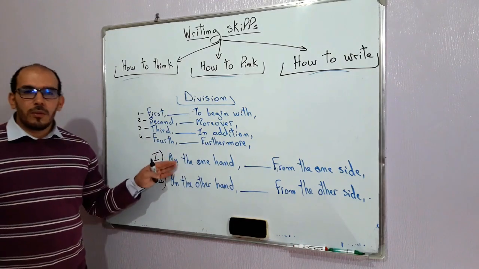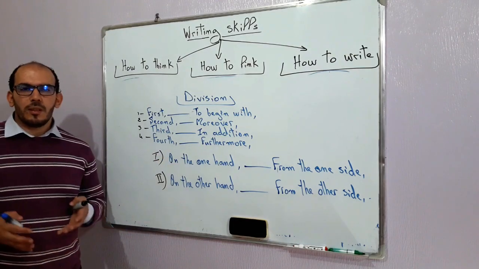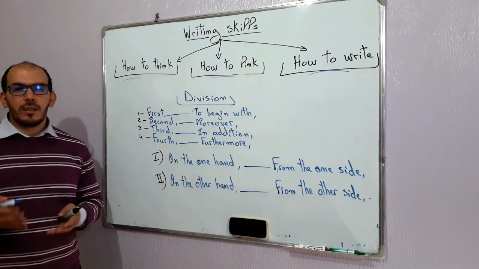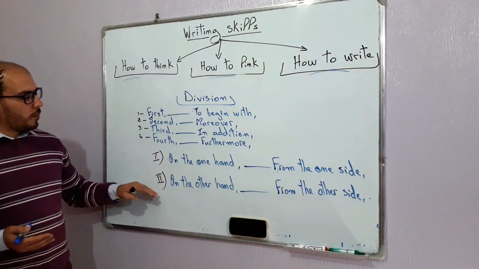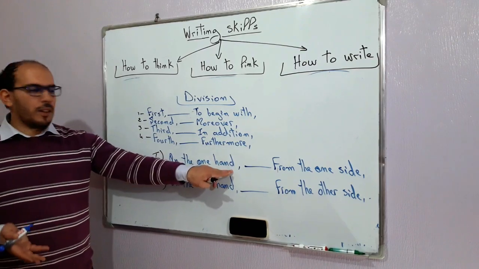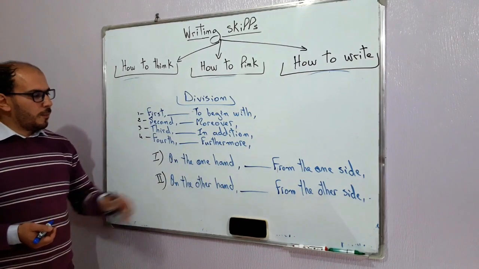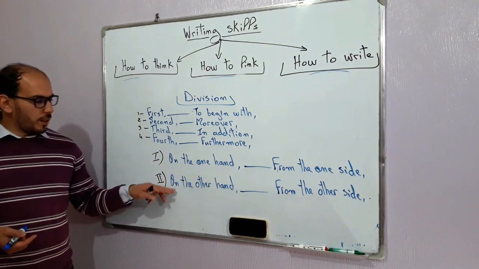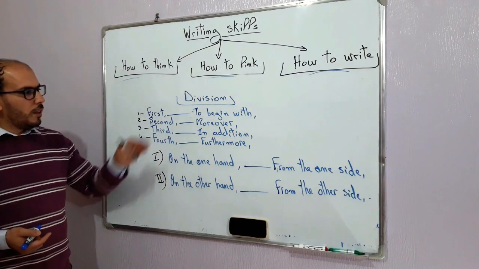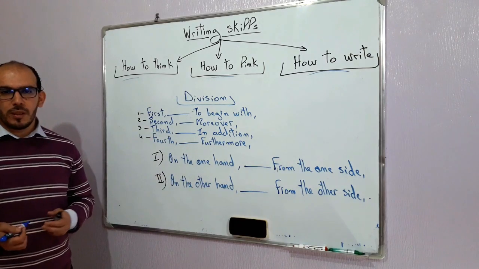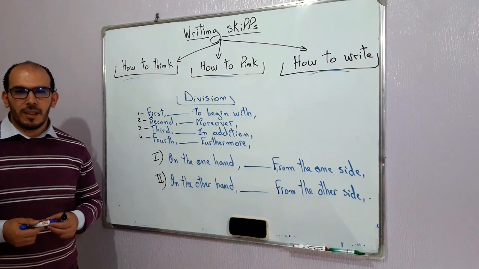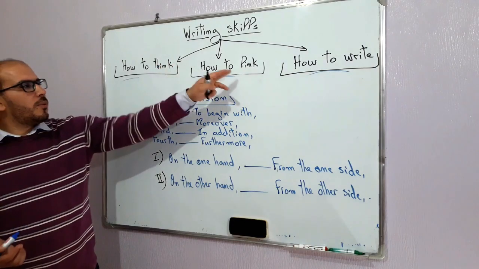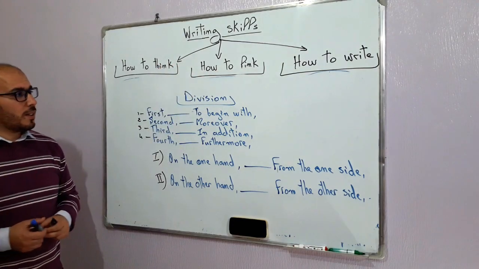So these are also important if I want to divide my speech or my ideas into two parts, part one and part two. So you say on the one hand, and I give these ideas in terms of part one, and then I move to the next, I say on the other hand. So these linking words are really very important if I want to link between my ideas, and that's why we said that how to link is one of the pillars of writing.